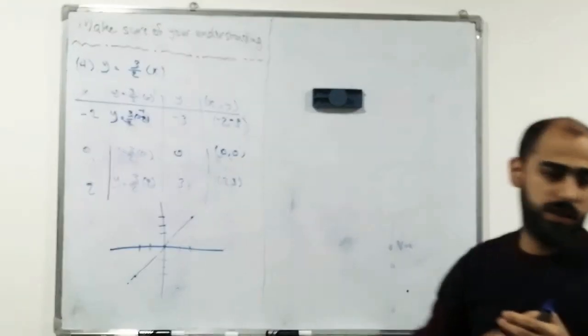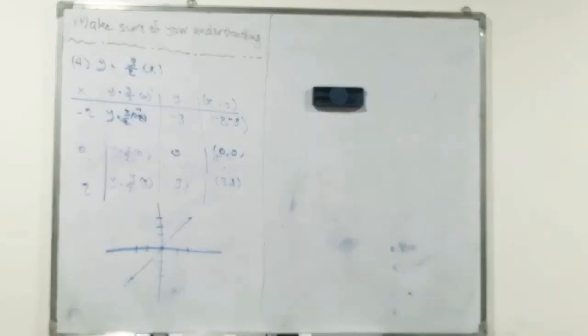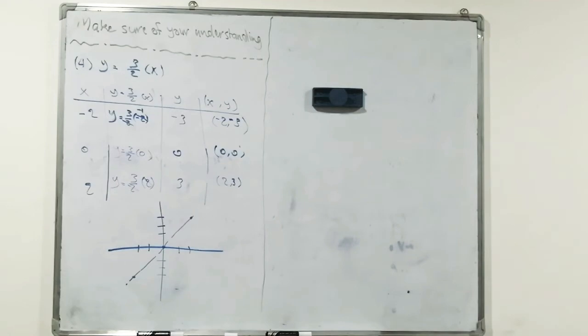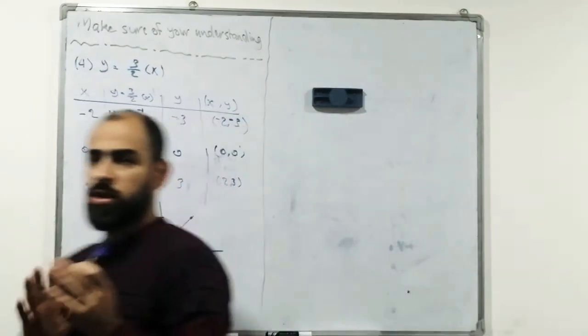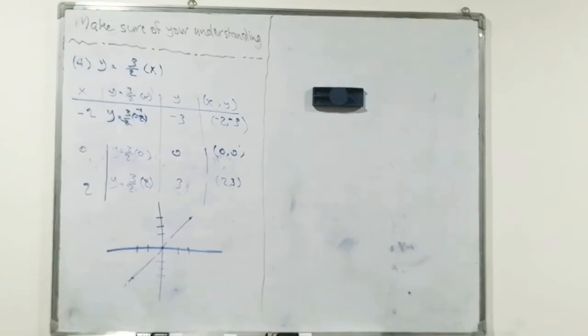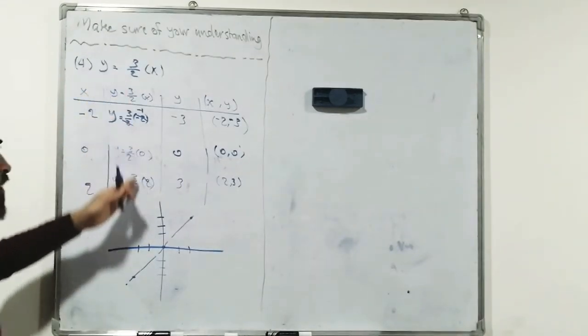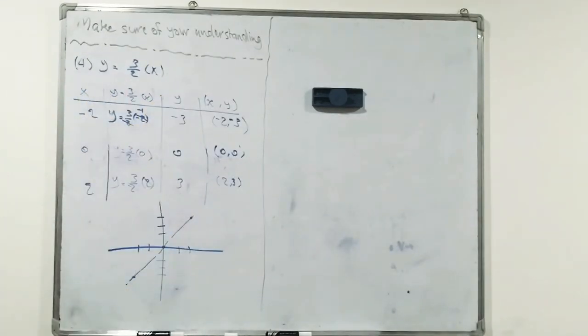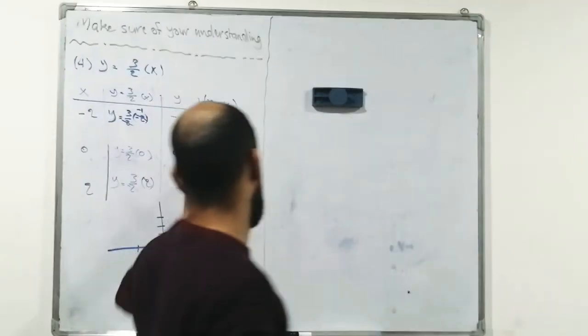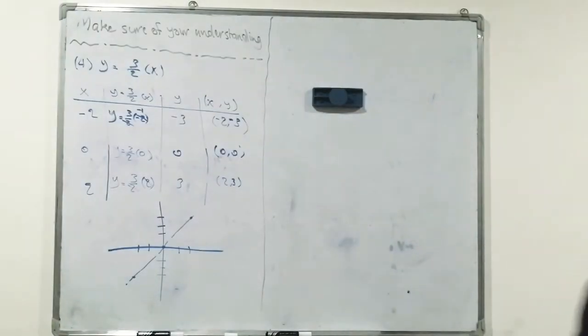So this is how to represent a linear function in the coordinate plane. It is solved the same way: by making a table and taking 3 values of x to substitute into the linear function to get the y value, and making order pairs to represent it or determine it on the coordinate plane.